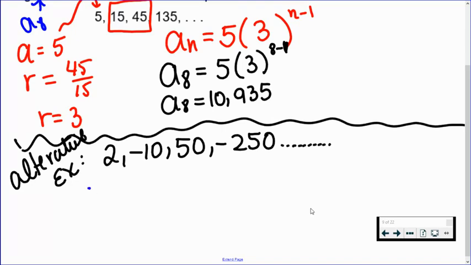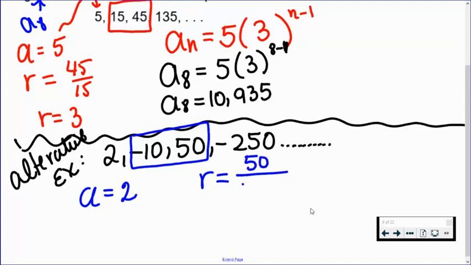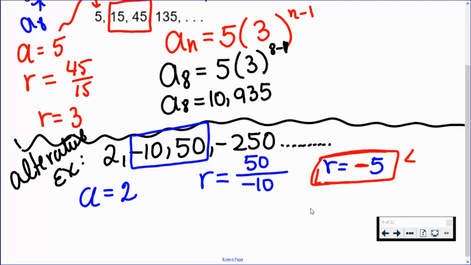So I know that the first number of the sequence is 2. To find the r, I'm going to take two numbers and find the common ratio. And I take a negative with me. Because the ratio is negative, it means that your signs are going to alternate.